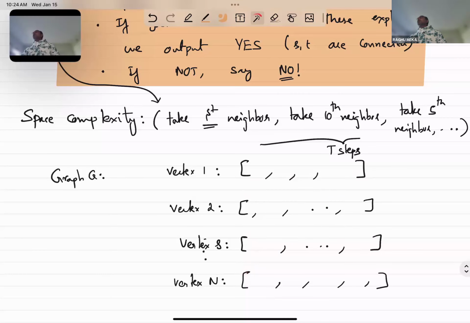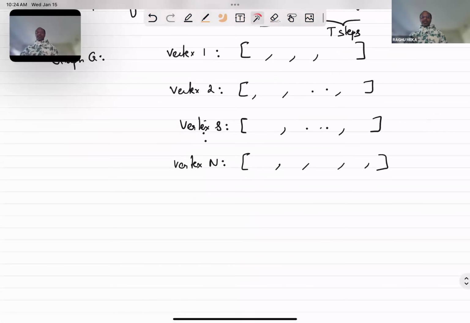There's a question asking, how do you ensure you don't repeatedly visit the same vertex? Actually, we might repeatedly visit the same vertex. That's okay, as long as we are not going to run in an infinite loop, and I'll talk about that in a second. In fact, we will visit the same vertex, so the time complexity will be pretty bad.